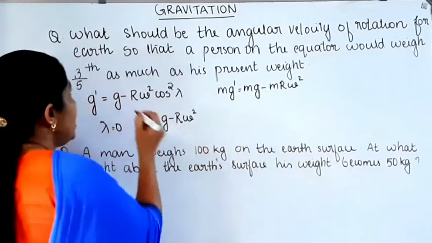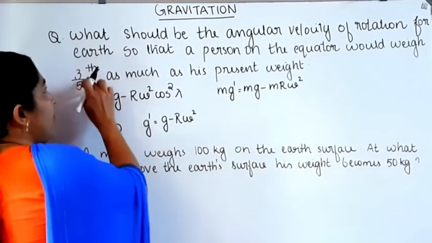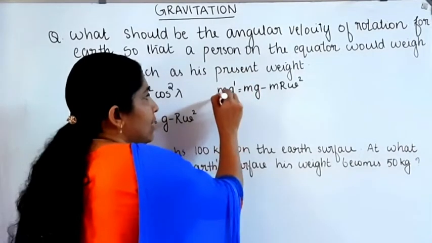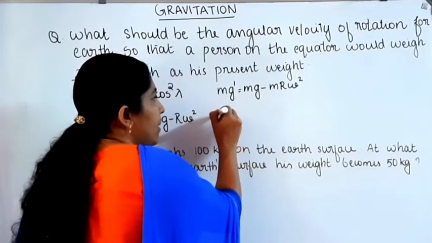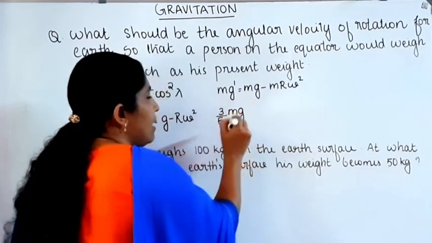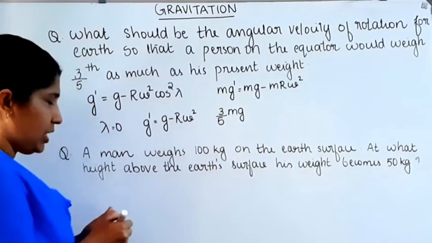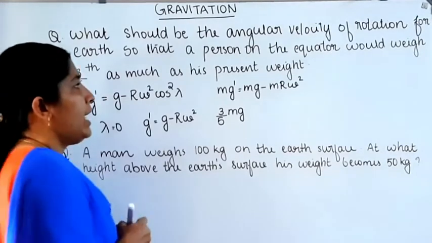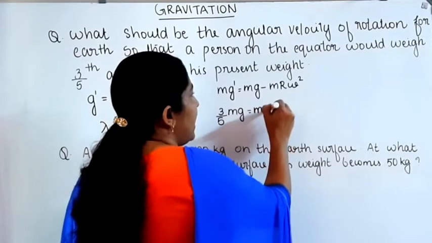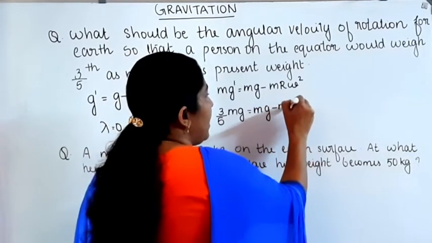What about mg dash? Mg dash is 3/5 as much as the present weight, that is, mg dash is 3/5 of mg. That's equal to mg minus mr omega square.